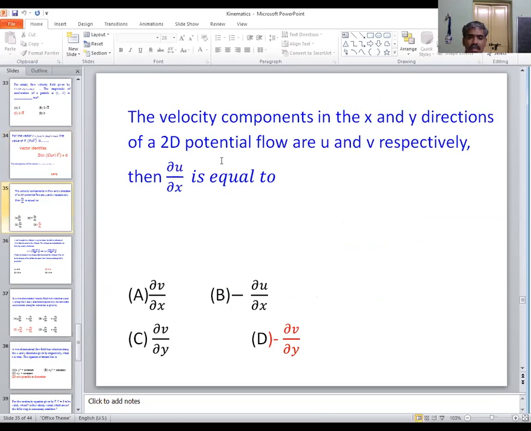The next question is the velocity component in the x and y direction of a two-dimensional potential flow are u and v respectively. Then dou u by dou x is equal to what? For a potential flow, you have a correlation, used to find out the relation for dou u by dou x. For a potential flow, it must satisfy the continuity equation.